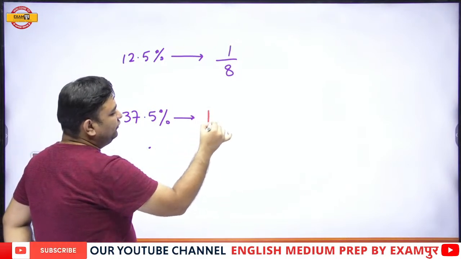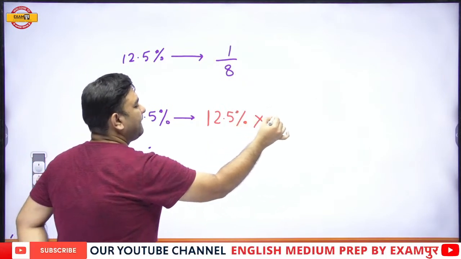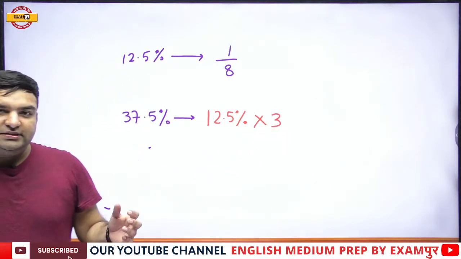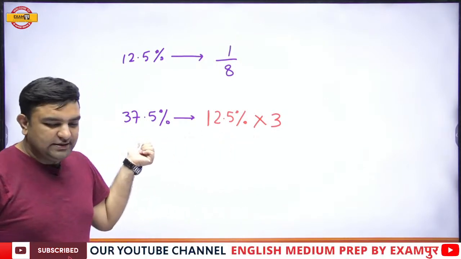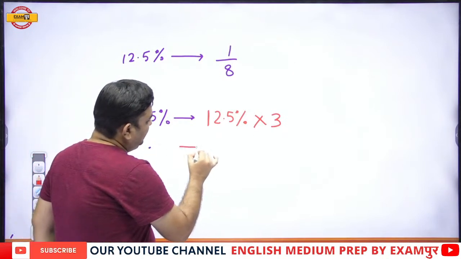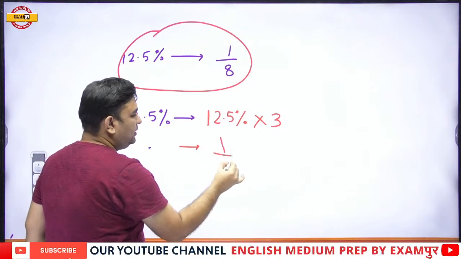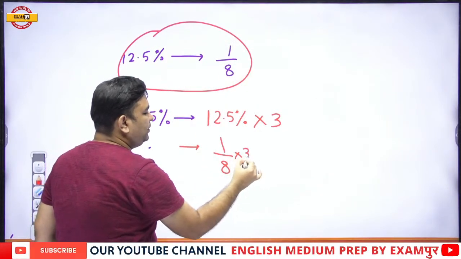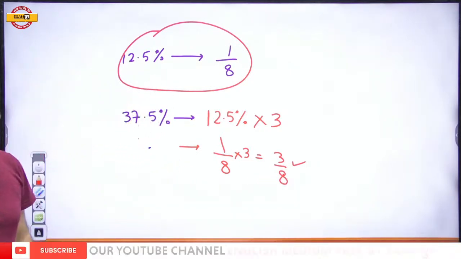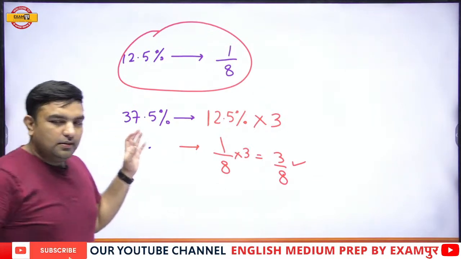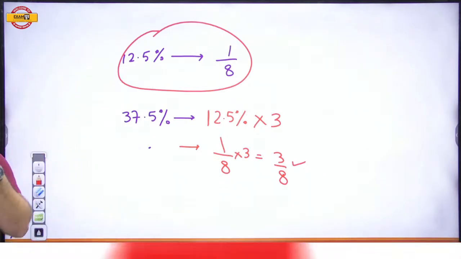If you look carefully, this is 12.5% into 3. 12.5 into 3 is 37.5. So if 12.5% can be written as 1 by 8, then this is going to be 3 by 8.